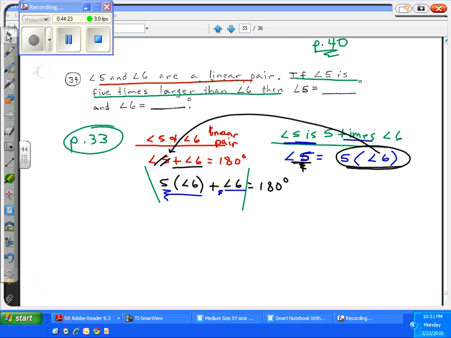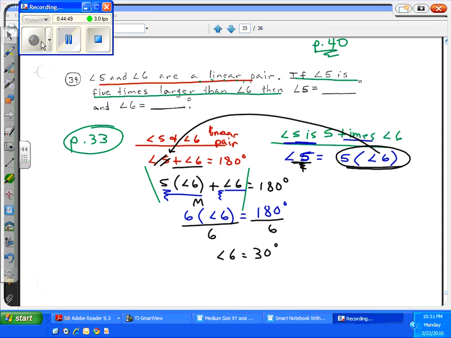So 5 of those angle 6's plus 1 more of those angle 6's would make 6 of those angle 6's is equal to 180 degrees. There's nothing else we can do to simplify. The variable is not on both sides, so it's time to undo. We would undo multiplication by division, and we would get that angle 6 is equal to 30 degrees.